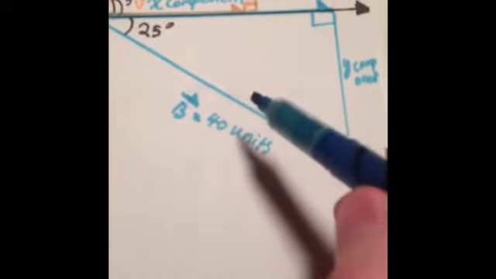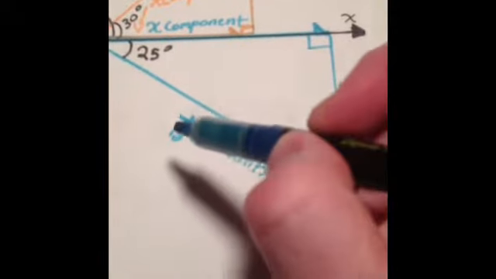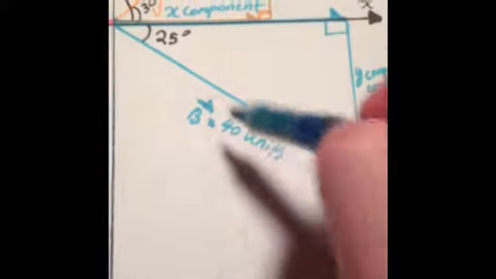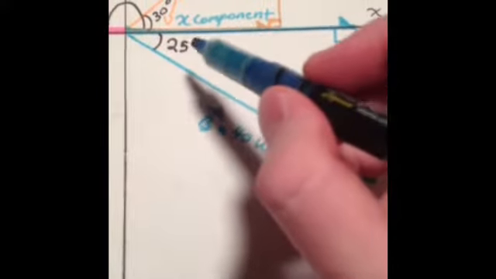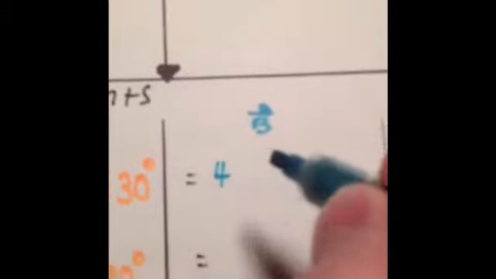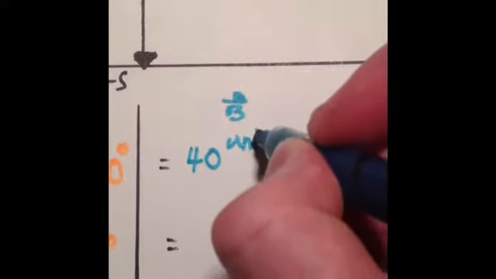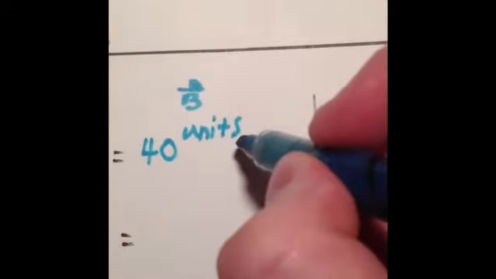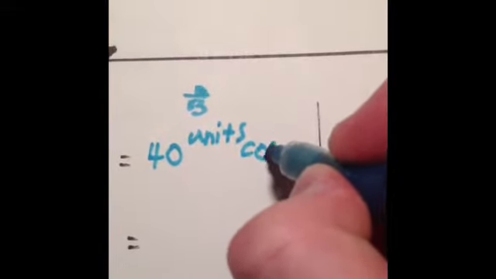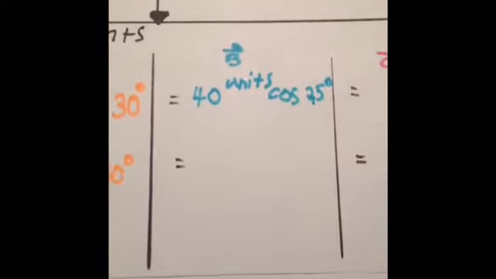So the x component of vector B will be 40 units times the cosine of 25 degrees, so in this table that I've made underneath vector B, it will be 40 units times the cosine of 25 degrees, like that.